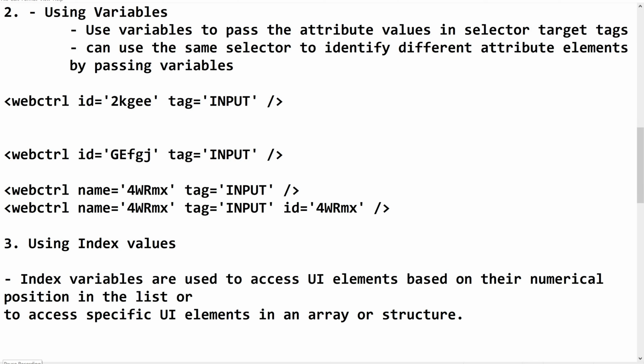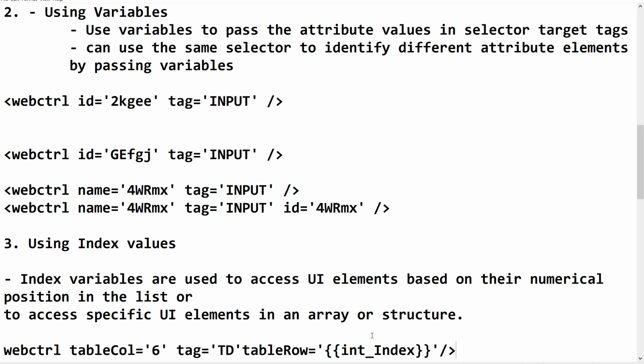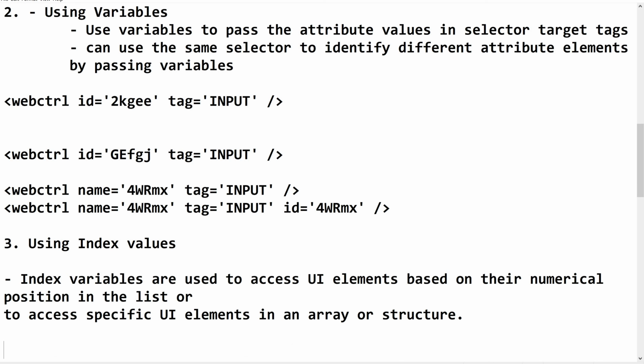So how we are going to use this index value is, first of all, we are supposed to store all these elements into a variable. Okay, so for example, based on the index value of the particular element, we are going to identify the element.